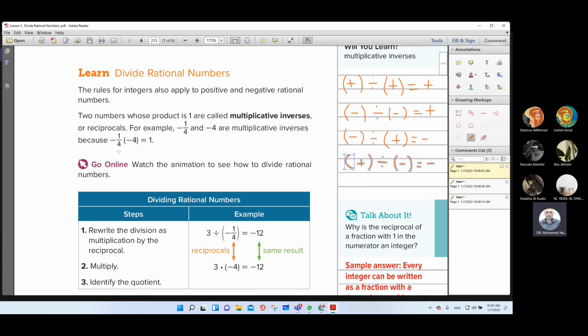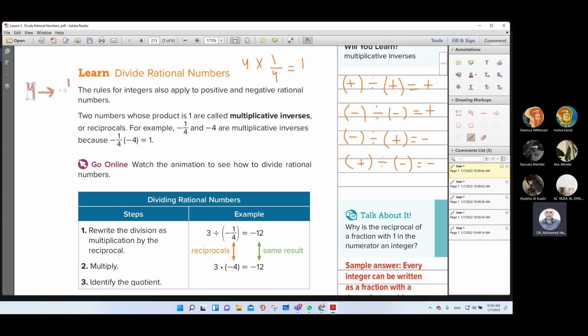Two numbers whose product is 1 are called multiplicative inverses. 4 times 1 over 4 equals 1. This is the meaning of multiplicative inverses, or reciprocals. What is the reciprocal of 4?